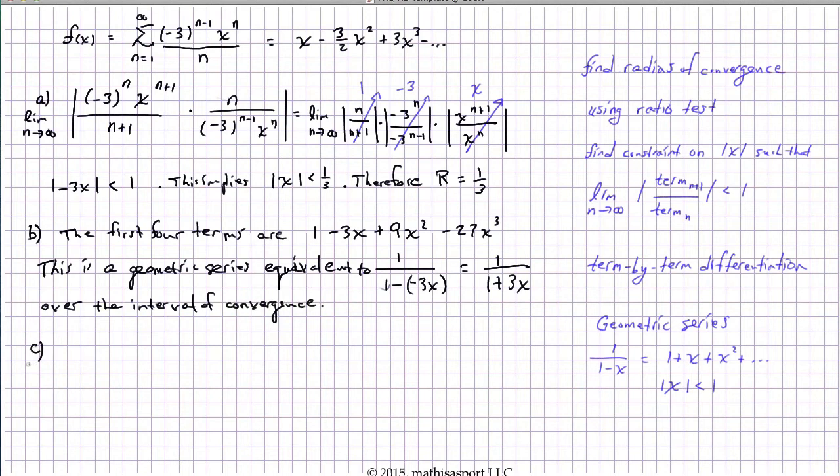Finally, we simply have to take the product of two infinite series and find the terms up to degree x cubed. So we write e to the x from memory as 1 plus x plus x squared over 2 plus x cubed over 6.